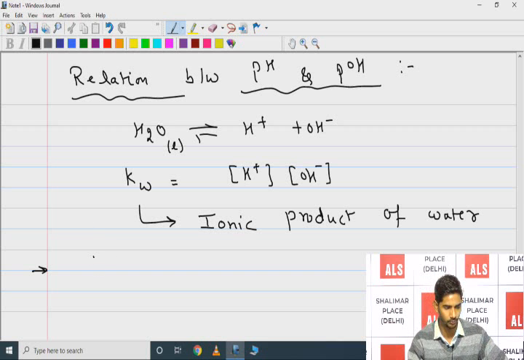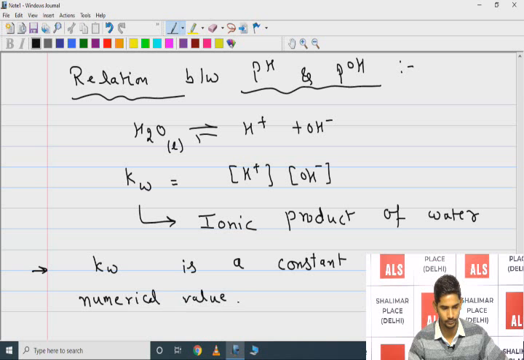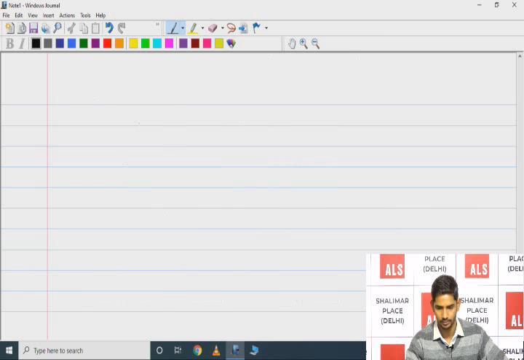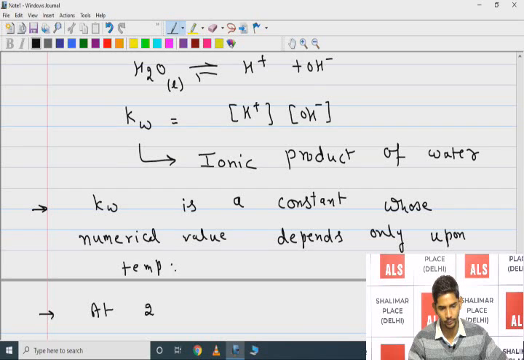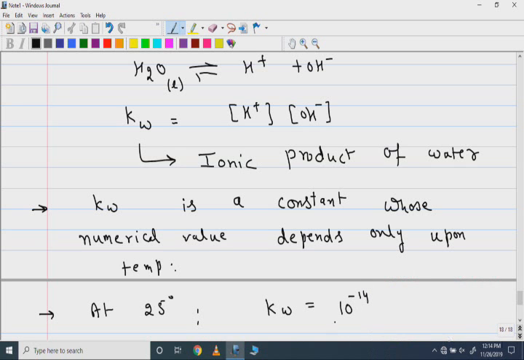So Kw is a constant whose numerical value depends only upon temperature. Remember one thing, at 25 degrees Celsius, the value of Kw is 10 to the power minus 14, that you have to remember. This is an experimental value.